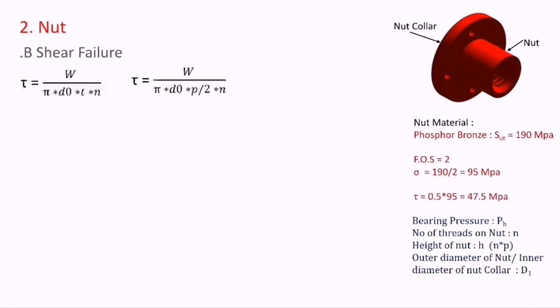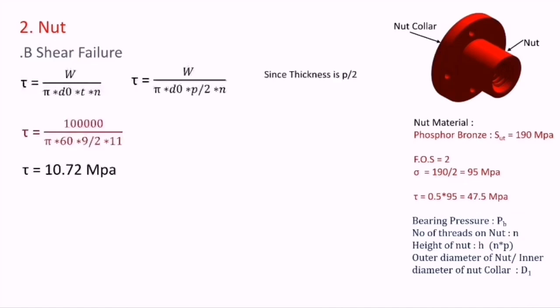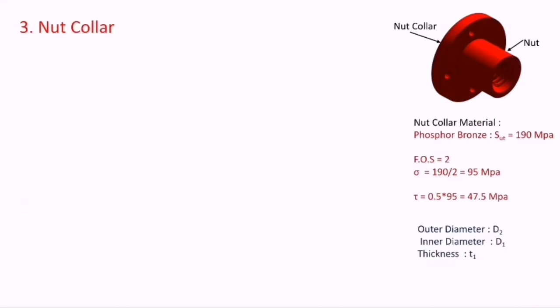On substituting the values, I will get the shear stress induced in the nut is 10.72 MPa, which is less than the allowable shear stress, that is 47.5 MPa. Hence we can say our design of nut is safe.